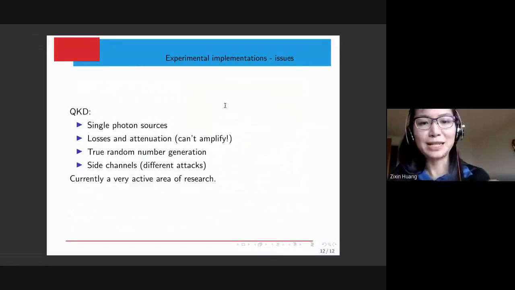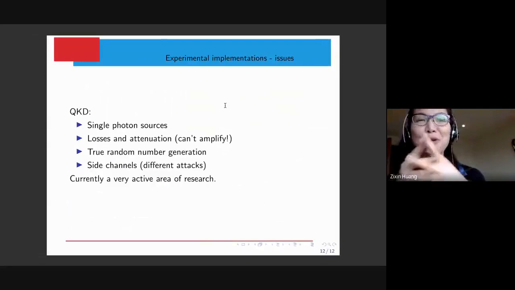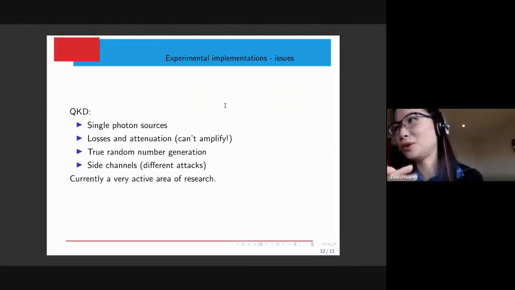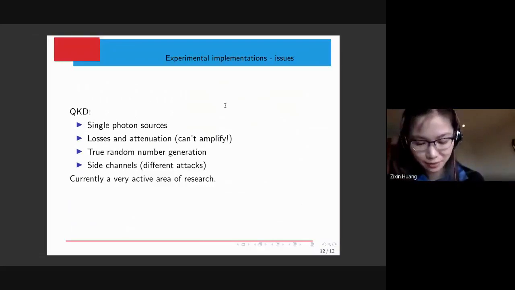Okay, so before I said that this protocol is unconditionally secure. Of course, when you say that, everything comes with a caveat. It is unconditionally secure given that you build the exact device that you have on paper, which is never the case. Because the protocol that we discussed assumes single photons, and that everything's perfect.